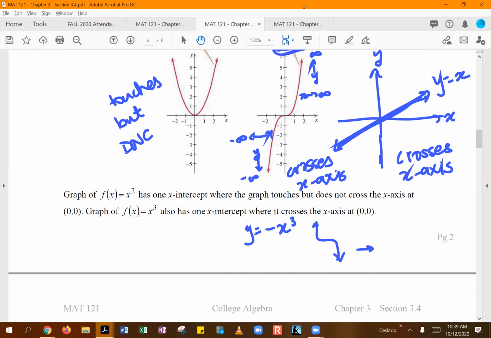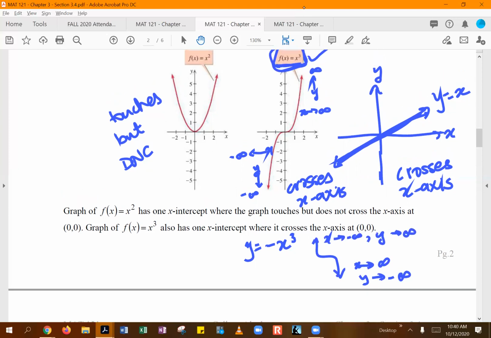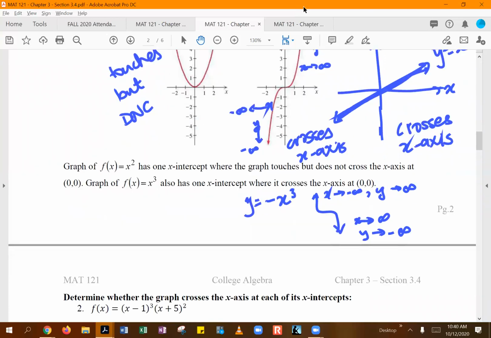As x is going to positive infinity, your y is going to negative infinity. And on this side, as x is going to negative infinity, your y is going up to positive infinity. So that tells us where the shape of our graph is going to go.